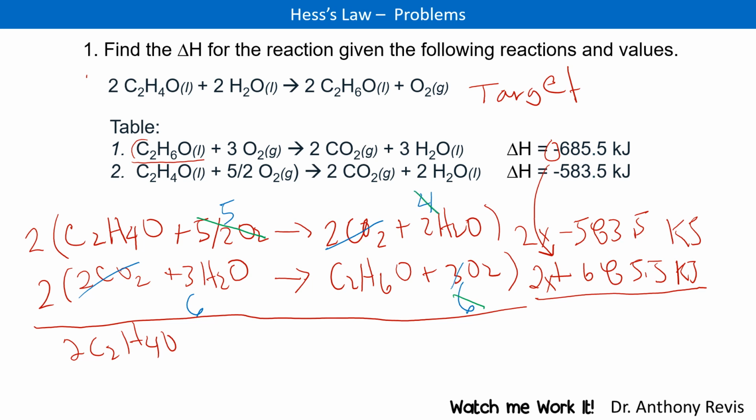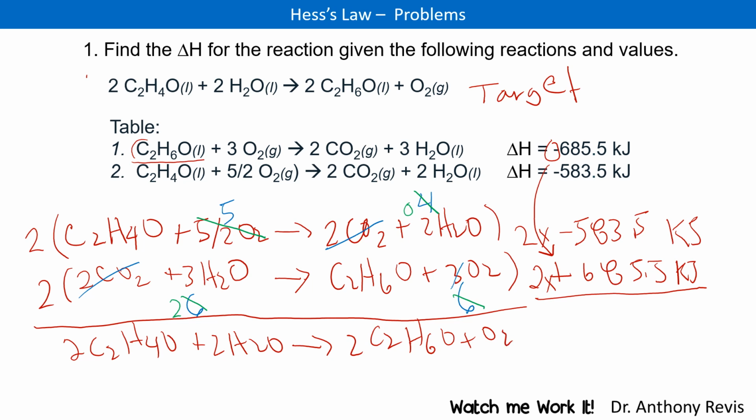This goes down to 0 waters over here, and over here these cancel down to 2 waters. Okay, so that works out nicely. So I have this plus 2H2O gives me 2C2H6O plus O2. Now I have confidence that this works out.